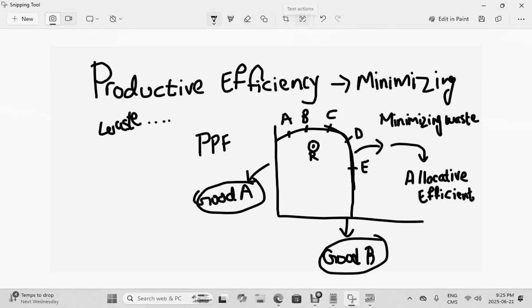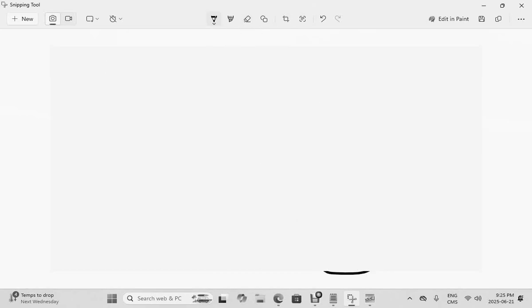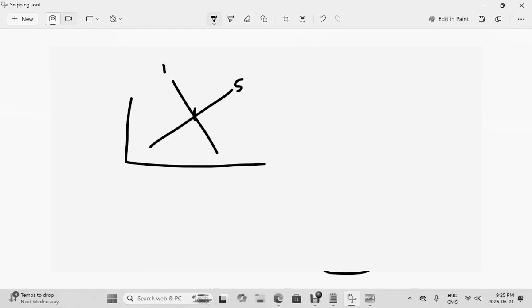Now, if you were to go ahead and graph this for a perfect competitor, we know that you have supply and demand, which meet at the equilibrium point.